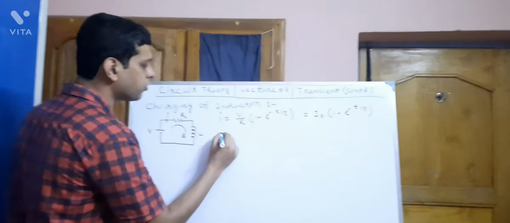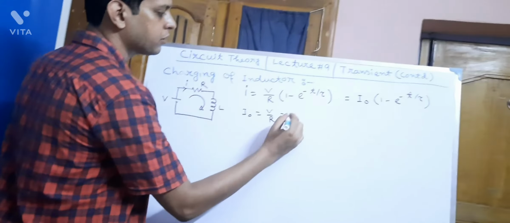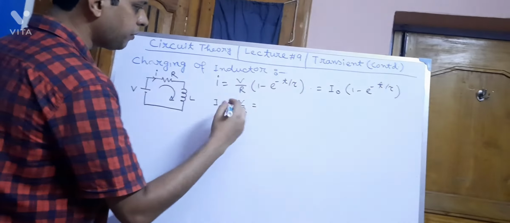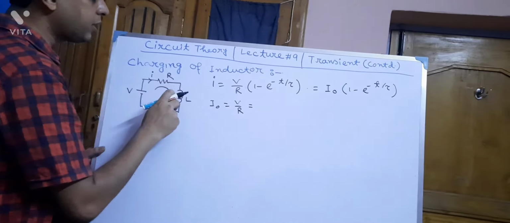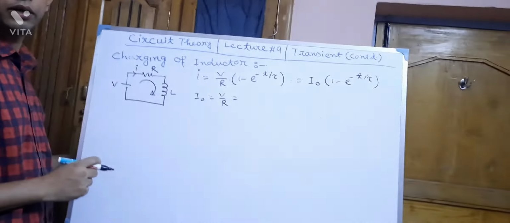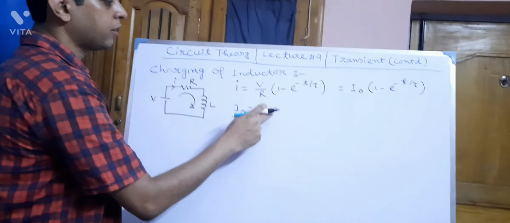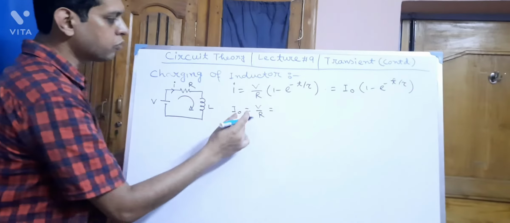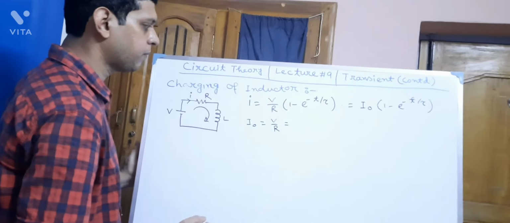Now I0 equal to what? I0 is v by r, the current when the inductor is shorted.